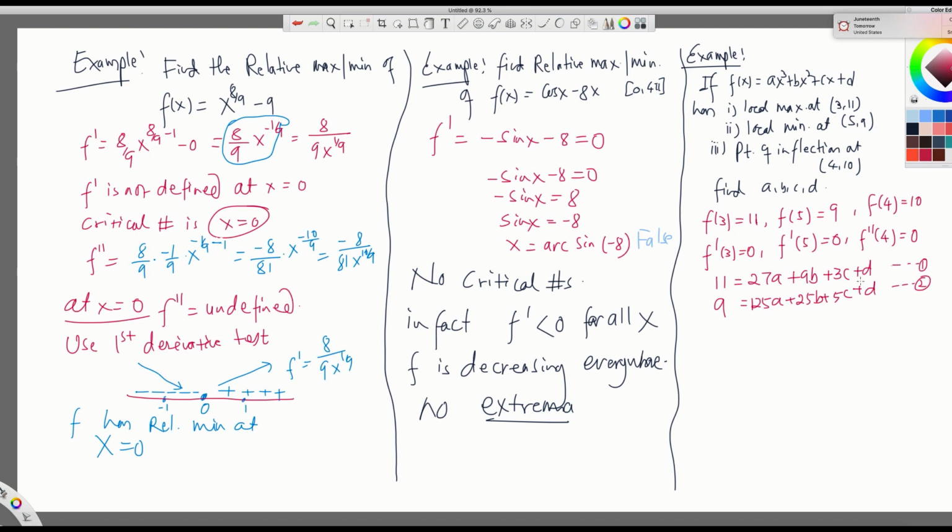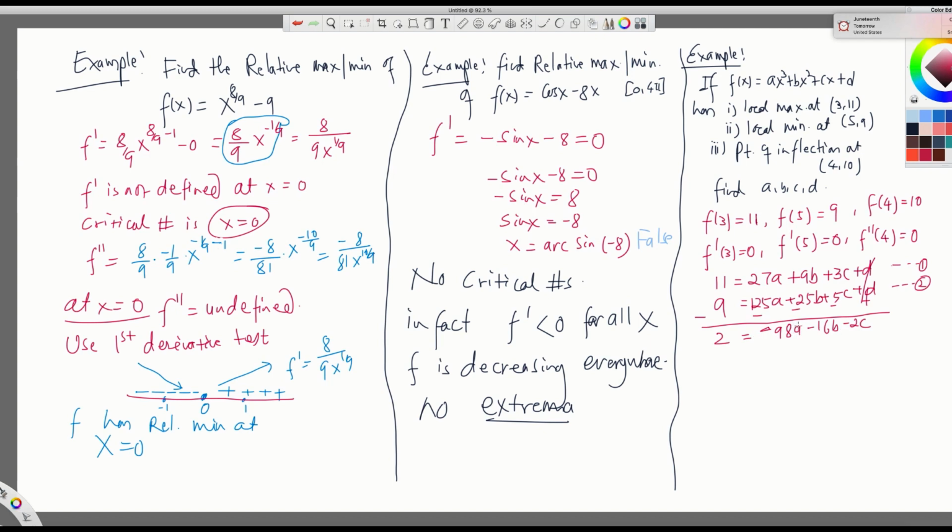So let us subtract 2 from 1. Subtract means all of them will be minus, minus, minus, minus. So what do you get? You will get 2 equals negative 98a minus 16b minus 2c, and d will cancel out, right?